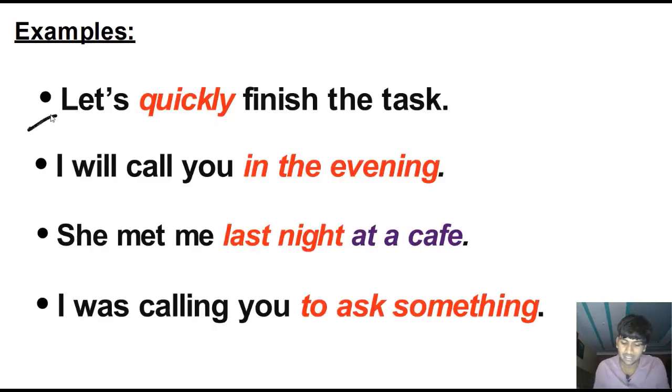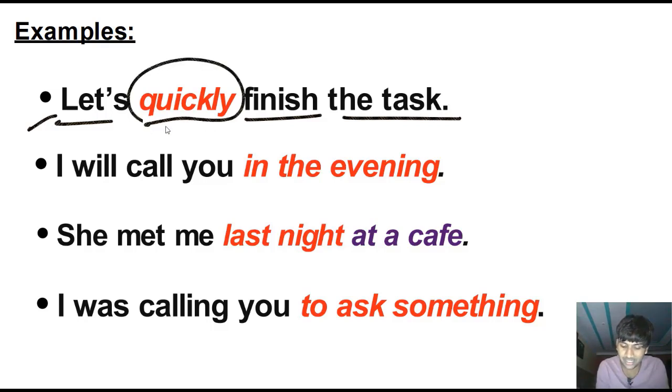Example number one. Let's quickly finish the task. Let's finish something. Let's quickly do this. Let's quickly finish the task, right? So here the word quickly is an adverb and it is also an adverbial. Why am I calling it both an adverb and adverbial?